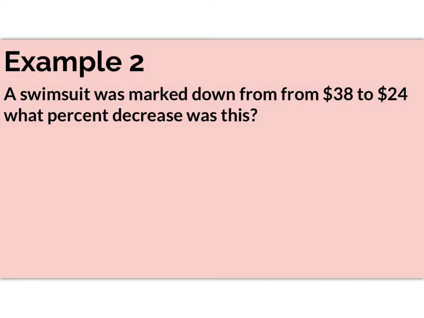Okay. A swimsuit was marked down from $38 to $24. What percent decrease was this? So it lost $14 out of its original price. So 14 over 38 equals 0.41176.